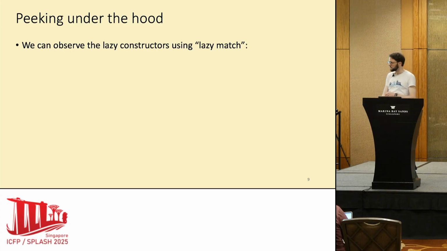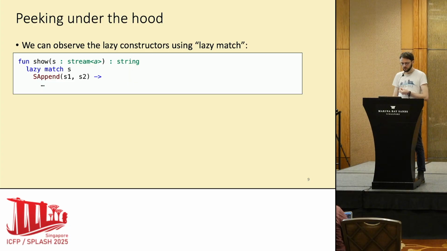And in particular, we have a new language feature that we call lazy match that allows us to inspect, for a data type, which lazy constructor it is. And you can use this, for example, to implement a show function. So if we want to show a stream on the command line, we might want to see where there's still an append happening.